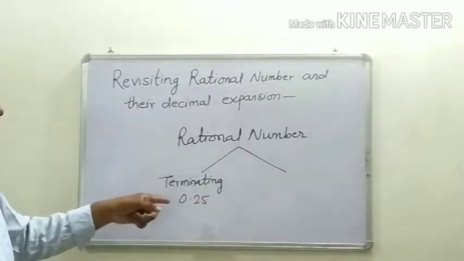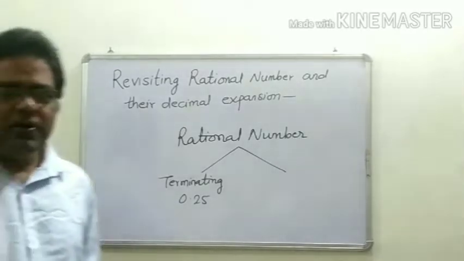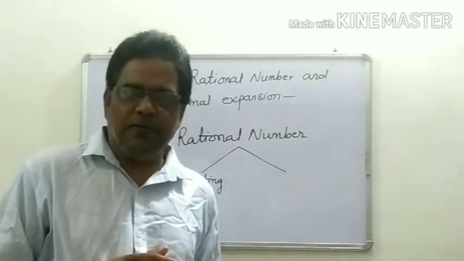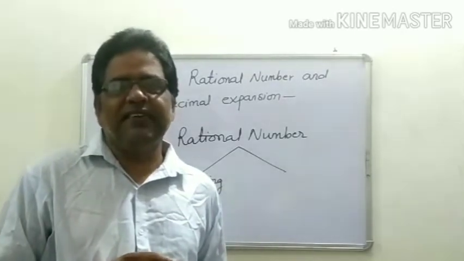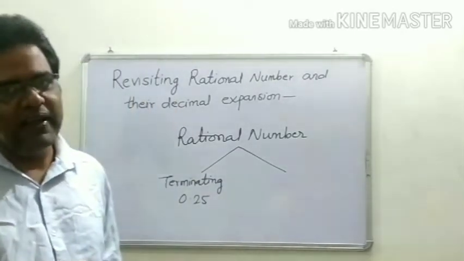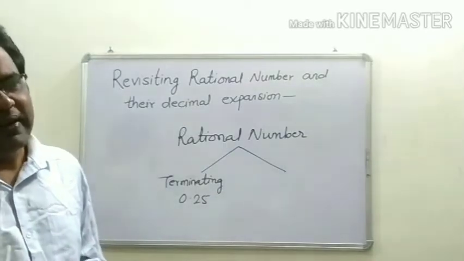So this is terminating. So if you have a fraction in such a way that its decimal expansion terminates, then we call that number a rational number.